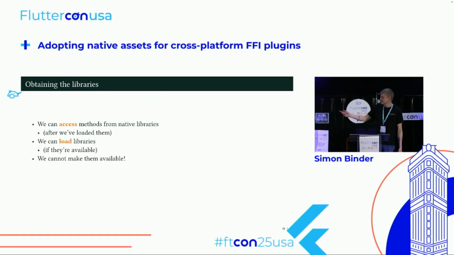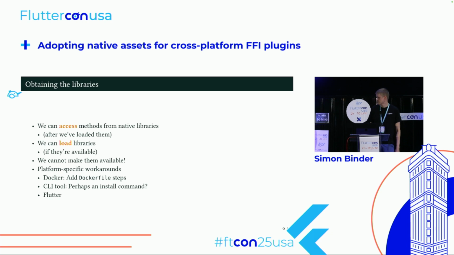And the big downside is that we cannot actually force the operating system to do this, right? So the Dart ecosystem doesn't have a generic way that works across all Dart runtimes that would enable a library to be consistently available. So there are some very platform-specific workarounds. For instance, if you're building a server-side Dart application, that is probably going to run in a Docker container.